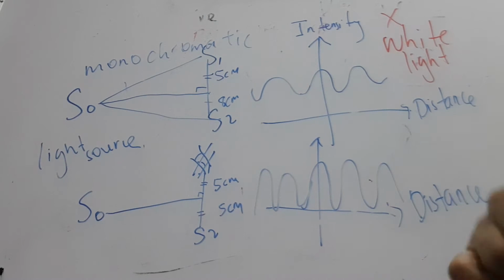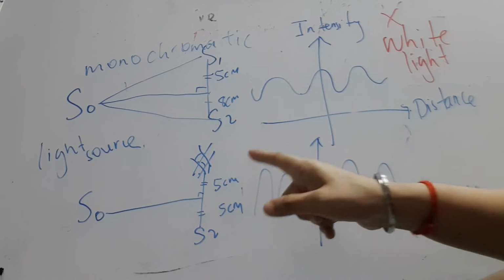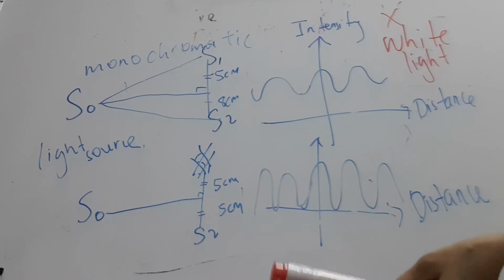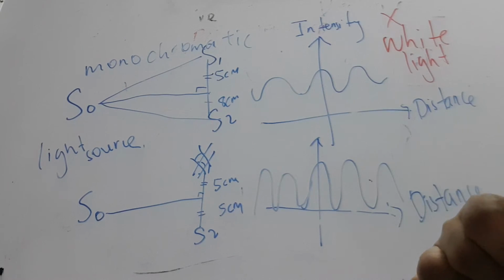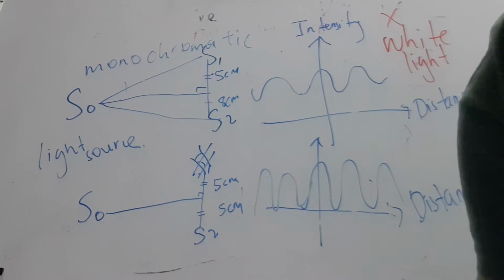When you have two slits, it is called an interference pattern, interfering in between the two. But when only one slit is closed, the light only passes through the other slit. It is called diffraction.